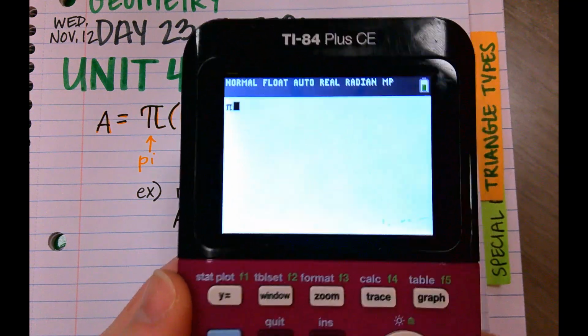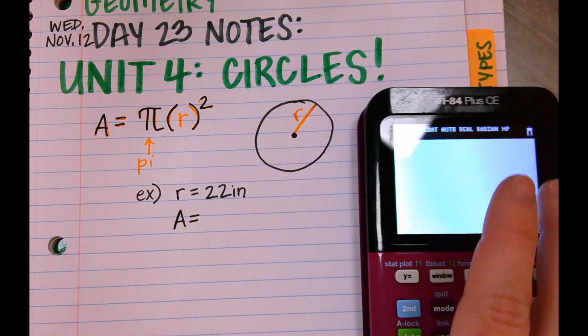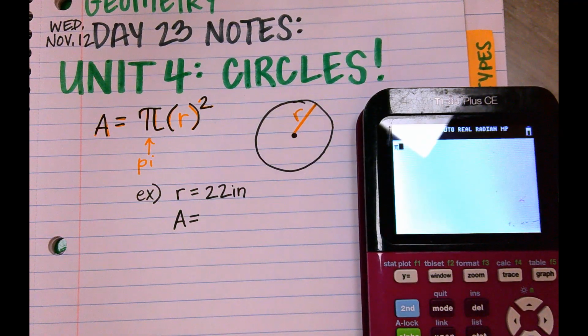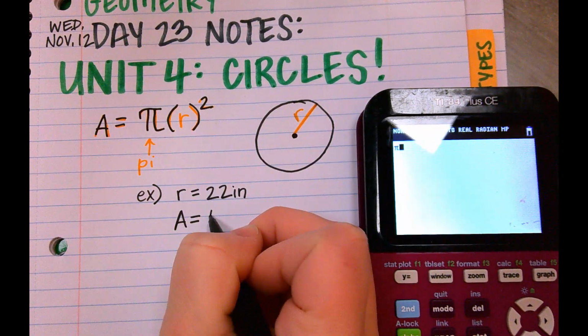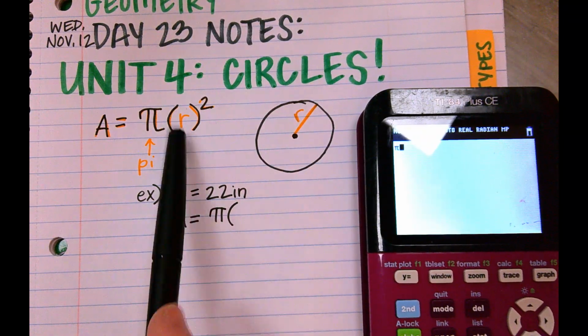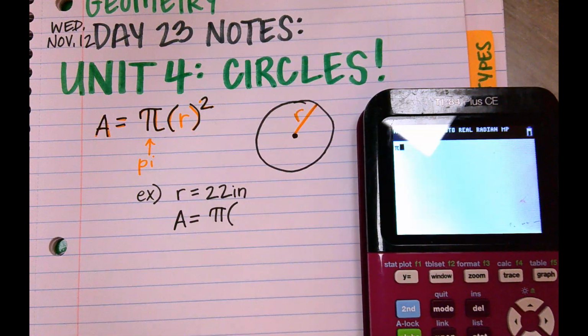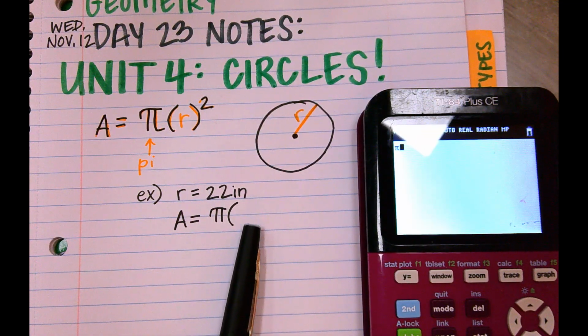So to type in our calculator, let's use that pi. We're going to use this formula. So area equals pi. And then the next part of the formula says r, or radius squared. So what should I put here instead of r? 22.